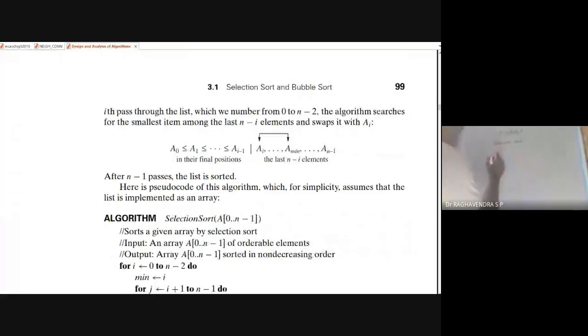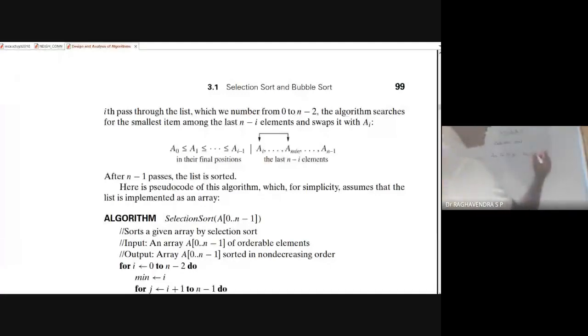So this is the representation of how it works. We have a0, the first element, which is of course less than a1, because it has been sorted, and so on up to ai minus 1, which is totally sorted. These elements are totally sorted, and this is separated by a progressive bar.